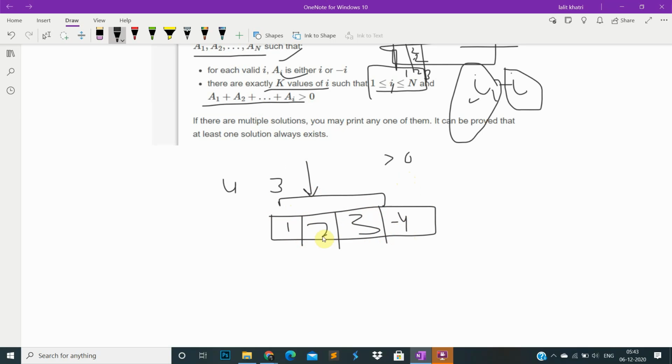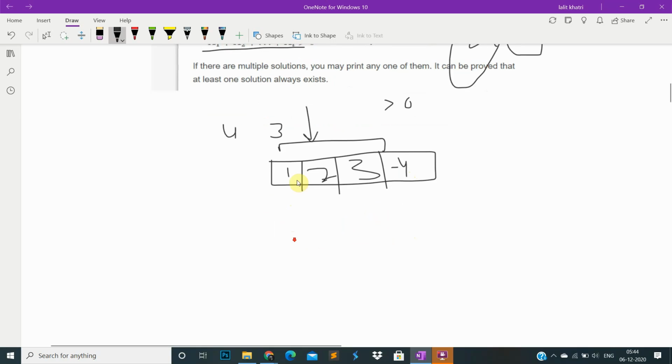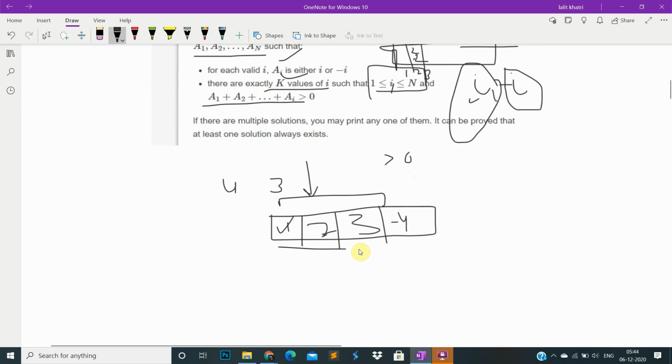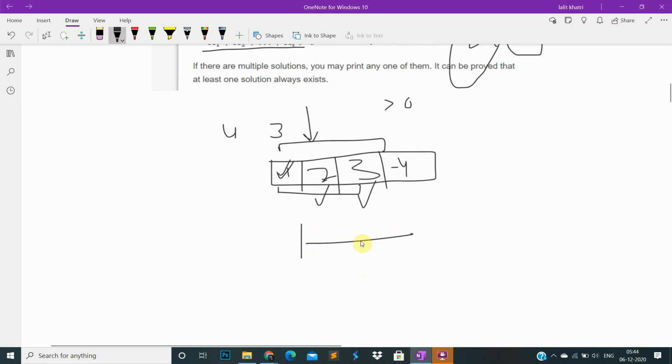So positive will be 3, we require only 3. a1, a2, and a1 plus a2 will be greater than 0, and this condition is satisfied. But think again.